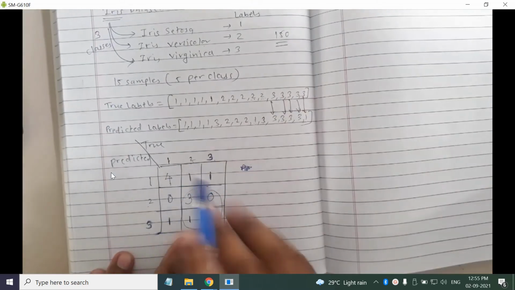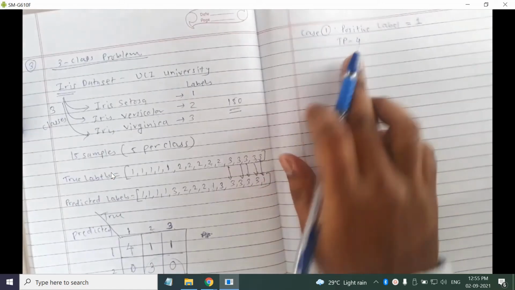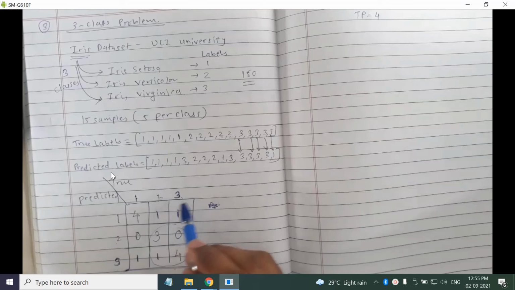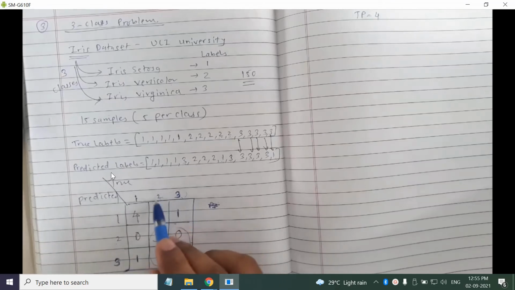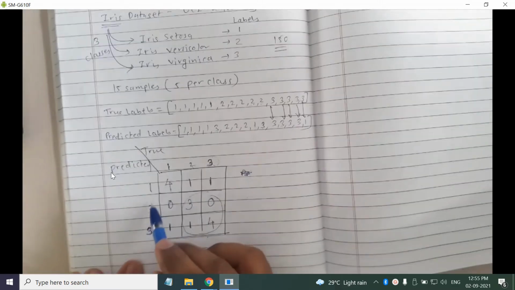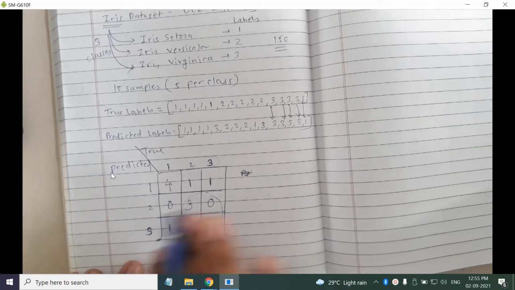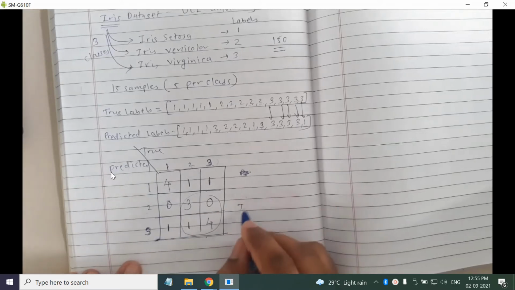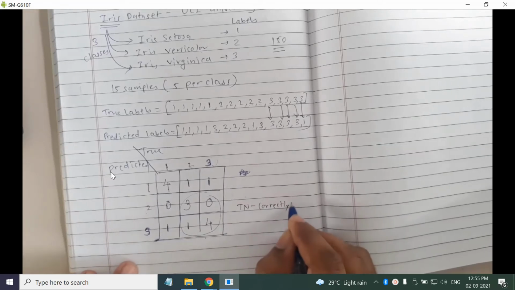Now here for our model, in this case 2 and 3 are negative labels, right? Yes. Okay, so consider 2 and 3 together. They are negative and our model has predicted negative, so they are correctly rejected. So true negative means correctly rejected.